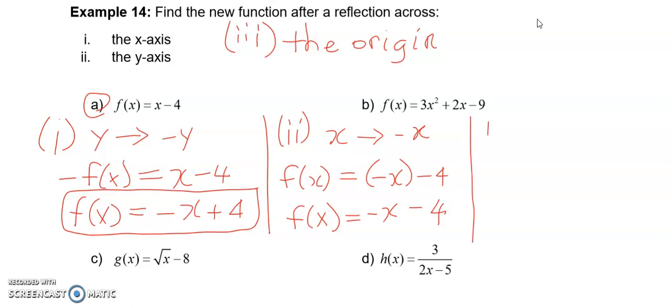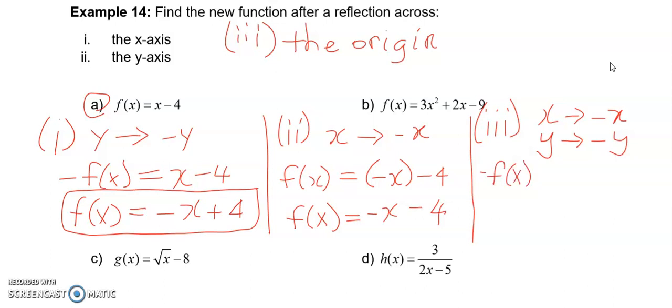And for number 3, what if you reflected it through the origin? Now remember, in that case, the x becomes negative x, and also the y becomes negative y. So here's what you would end up with. Negative f of x, you could call that y if you wanted to, negative y, is equal to x replaced with negative x.